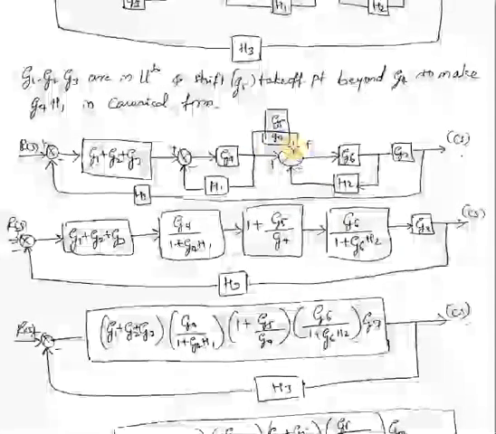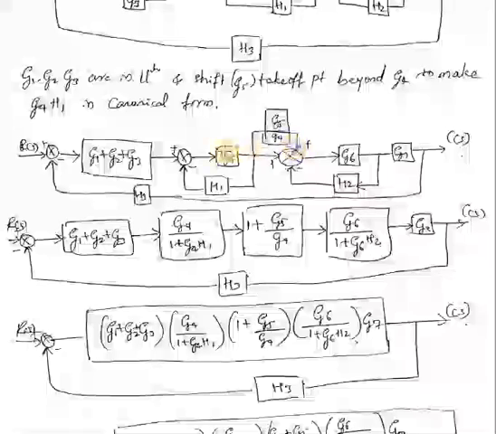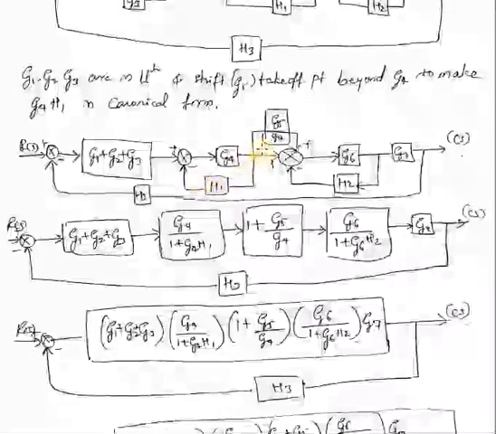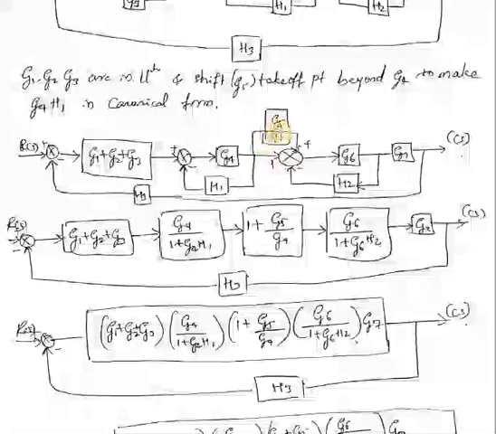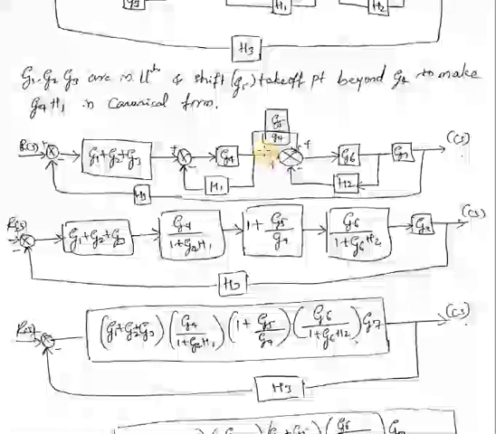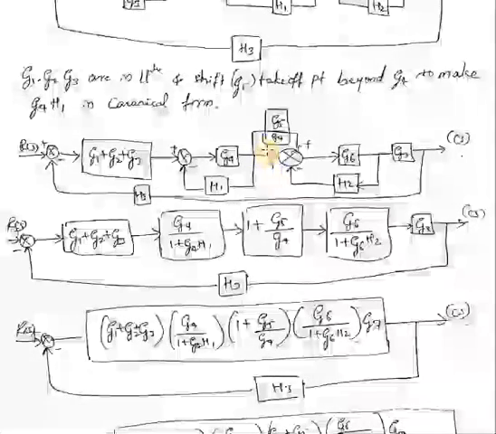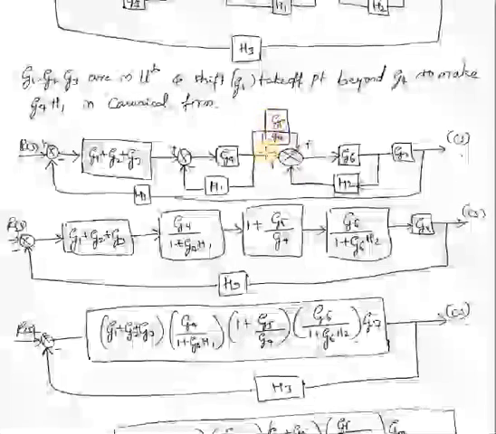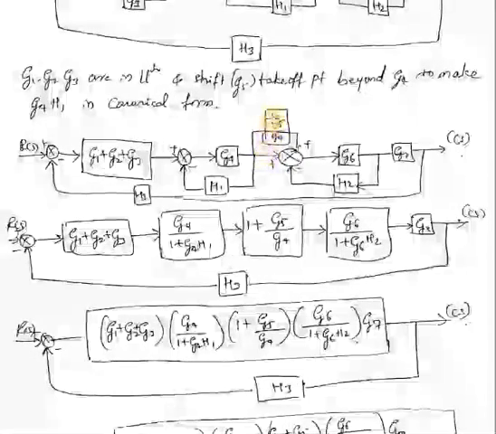Remember, for canonical form, one block should be in forward and one block should be in feedback. But here both are in the forward path. Here no block means there is a block whose value is 1. So you can take these two signals as a parallel combination.